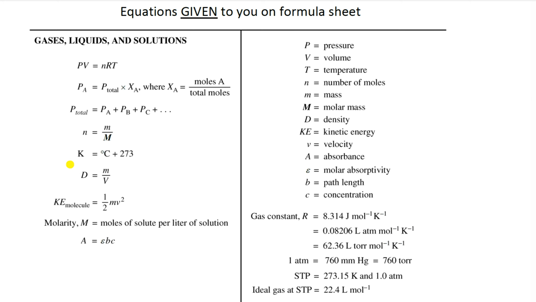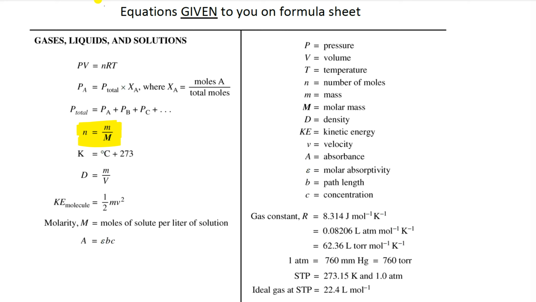The rest of these you have seen before, n being moles. And the way we calculate moles, if we have the mass of a substance, we take the mass and divide by the molar mass. One thing I want to note about this equation, this is something that we do like second nature in our class.